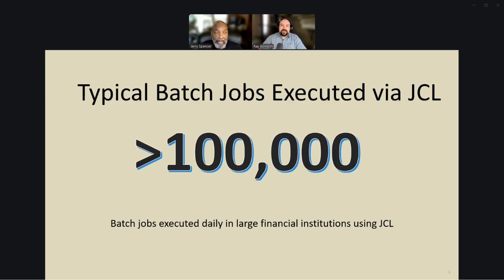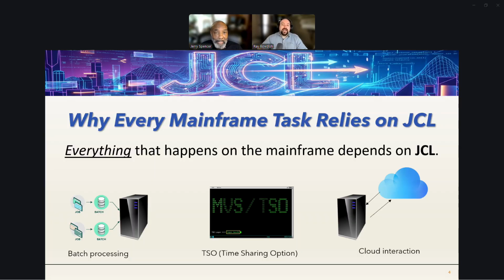And so financial institutions are probably some of the biggest users of JCL and mainframes in general, but as we've said before, almost every industry uses it. Manufacturing, logistics, retail, everybody.